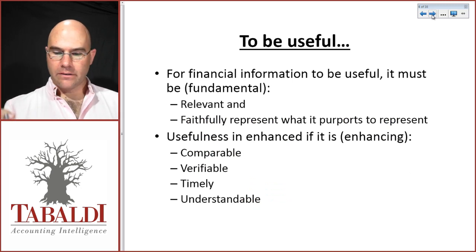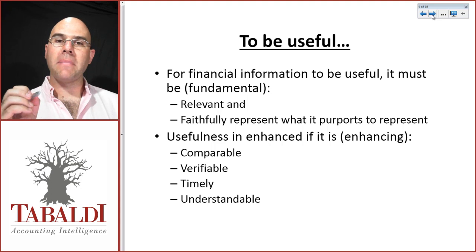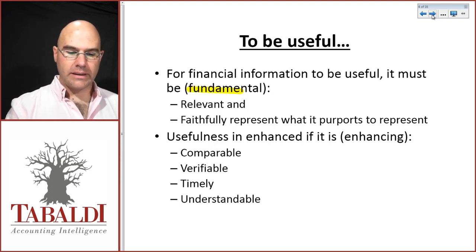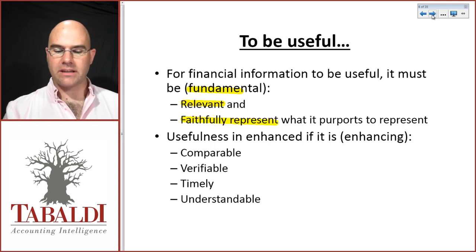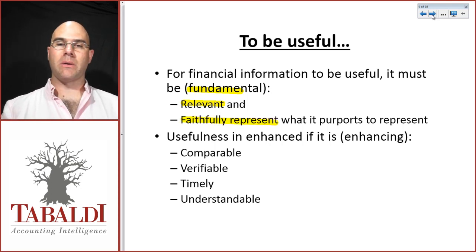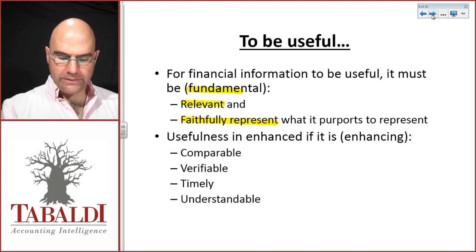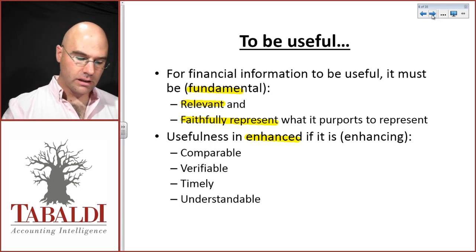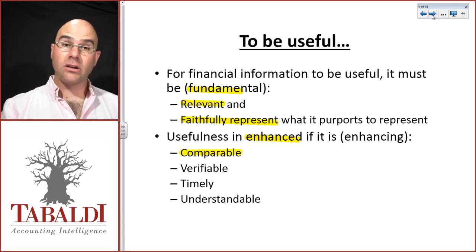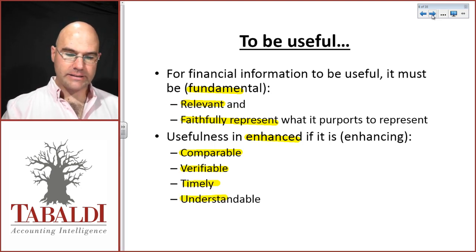To be useful, financial information must have the following two fundamental characteristics, namely be relevant, and information must faithfully represent what it purports to represent. In addition to this, information usefulness can be enhanced or have enhancing characteristics, and it must then be comparable, verifiable, timely, and understandable.